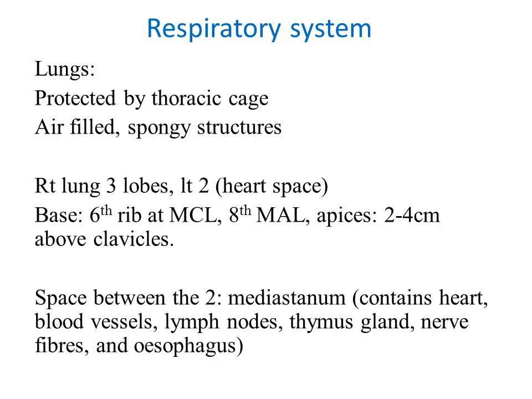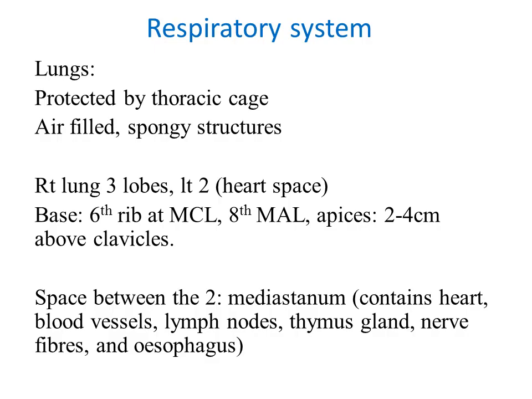The base of the lung located at the 6th rib at the mid-clavicular line, and at the 8th rib at the mid-axillary line. The apexes of the lung are 2 to 4 cm above the clavicle. هذا هو حدود اللung, the upper and the lower parts of each lung.